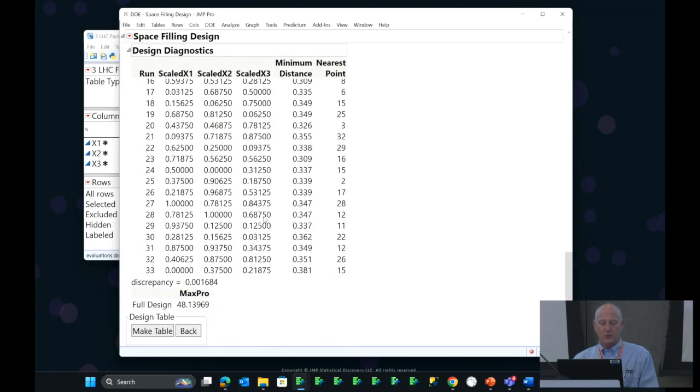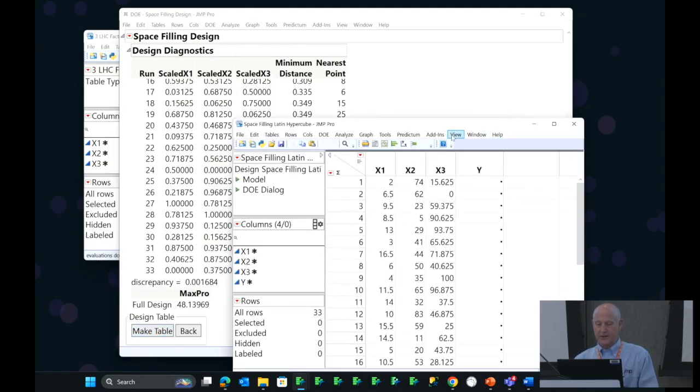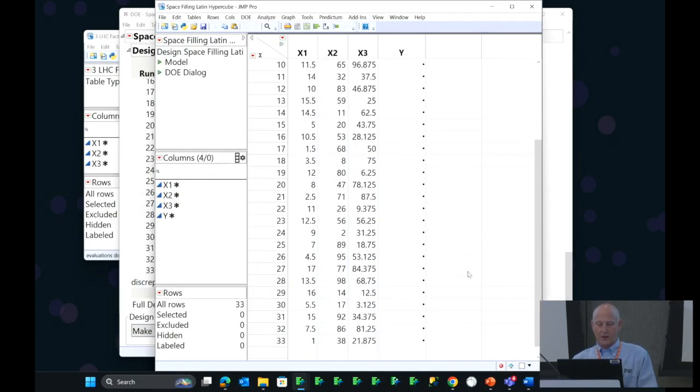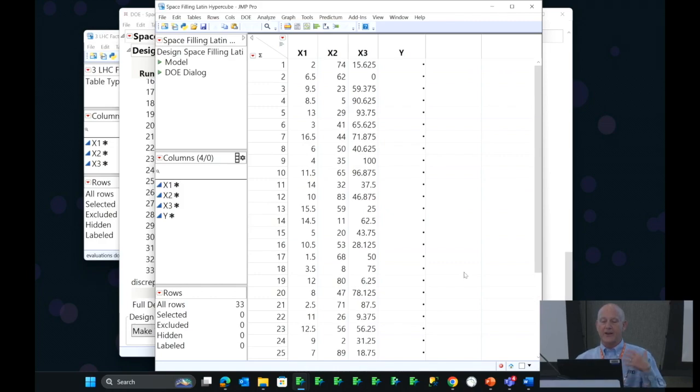Whereas the third one has a lot more decimal places on it. I don't know if that's obvious to you there, but here's the resulting design. Okay, and so there's a 33 trial design. If I had done a 17 trial design, I would have had all integers for variable x1 because I had a range of 1 to 17.